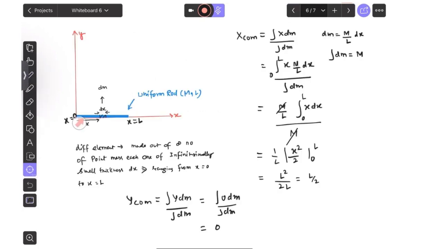Now here, if I ask you, any point I take on this rod, what really it is made out of, points only. And every point which is making up this rod is lying on the x-axis. And if I ask you what is the difference in the address of one point from another point, the difference is there in the x address only, no? Because everyone is having the same y.